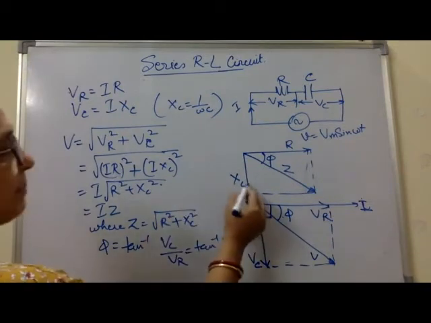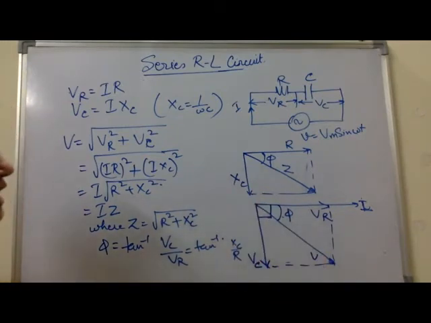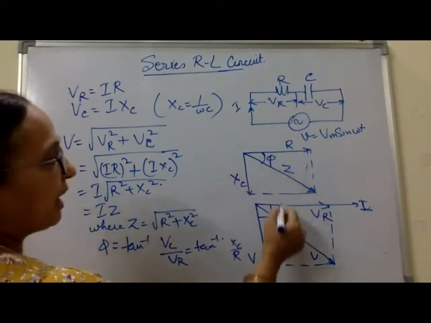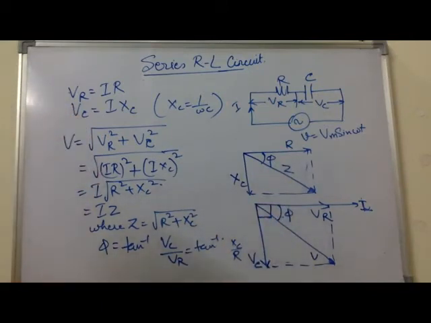This impedance triangle is nothing but the voltage triangle divided by I. The relationship of phi is the same. Phi over here is the same angle. You can also draw the power triangle as we have done for the inductive circuit. In the capacitive circuit, the reactive power will be opposite.